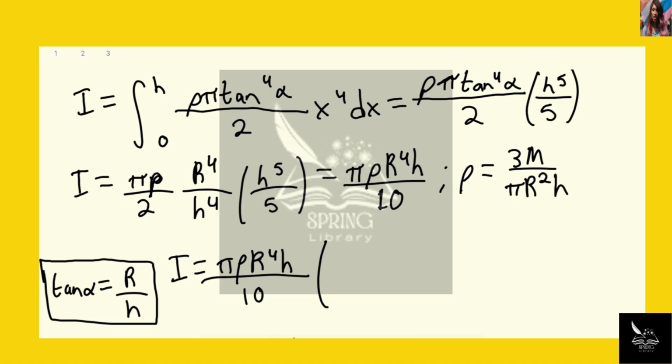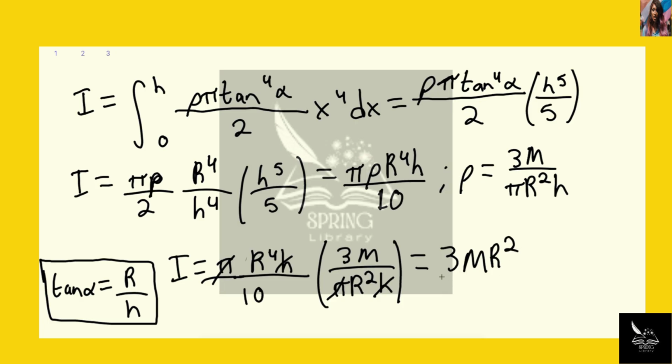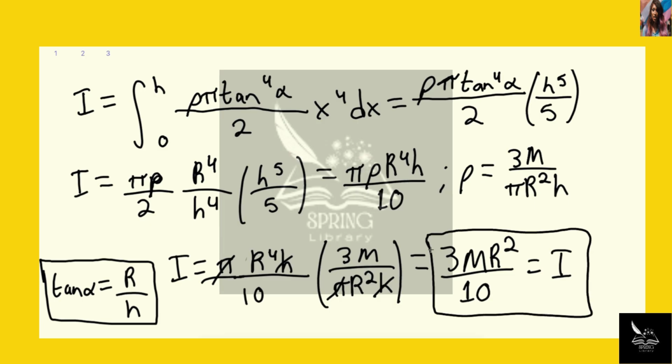Let's erase this rho, because we're going to substitute for it, and rho here is 3m over pi r squared h. This h cancels out, this pi cancels out, and we are left with 3mr squared all over 10. So this would be the moment of inertia of this cone here. And that's the end of the solution. Thank you for watching.